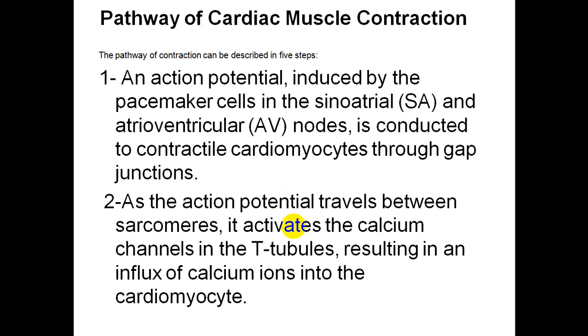The pathway of contraction can be described in five steps.